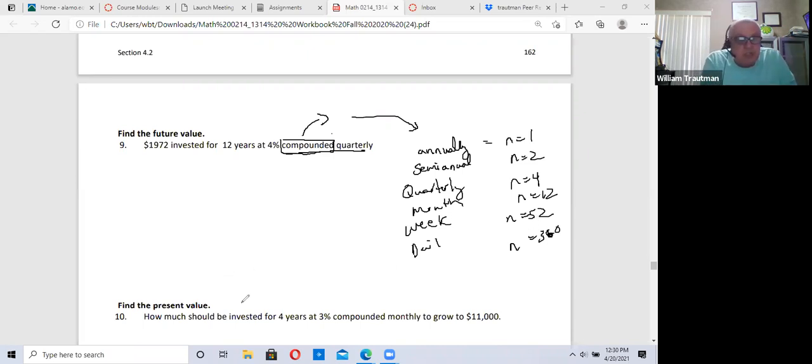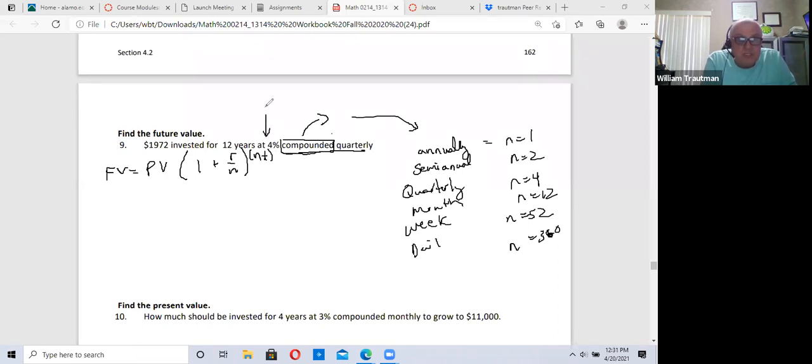So I'm going to write down the compound formula now. The compound formula is the future value equals the present value times 1 plus r over n, raised to the power of nt.